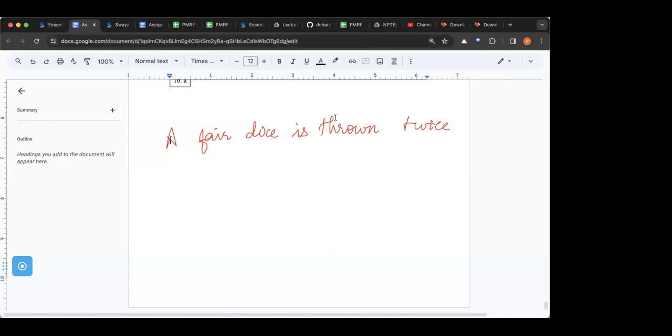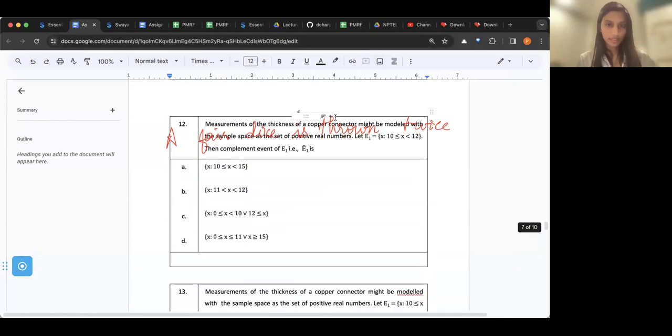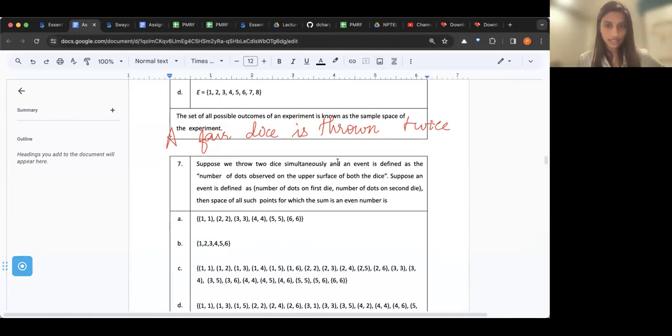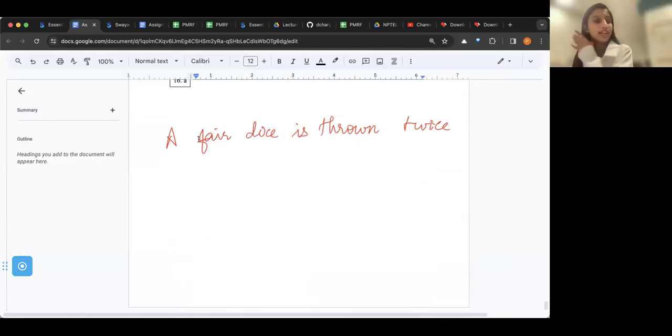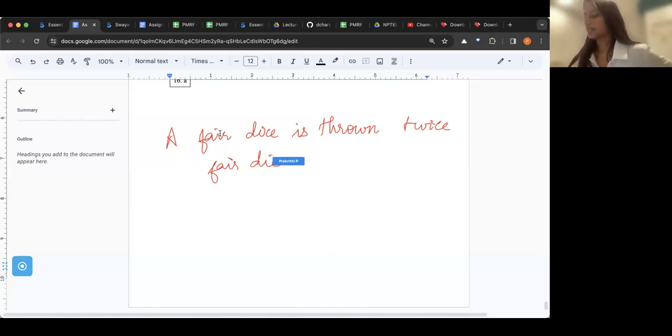Otherwise, in your question you would usually have something like this. If they are referring to 2 dice, they usually say 2 dice. So you throw two dice simultaneously. So a fair dice or a fair die, all of these represent just one dice.